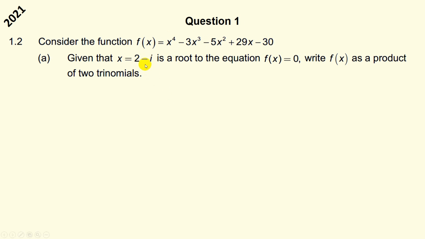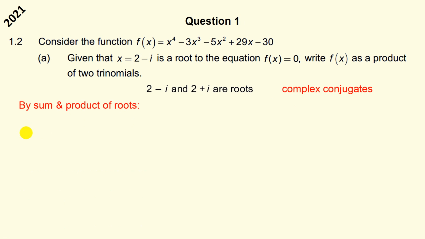So therefore, we could turn to what we call the complex conjugates, you'll remember. 2 minus i is a root, and therefore 2 plus i must also be a root, complex conjugates. That's the only way it can work to get rid of the i squared. You see, when they multiply together, those numbers, it is a difference of squares.